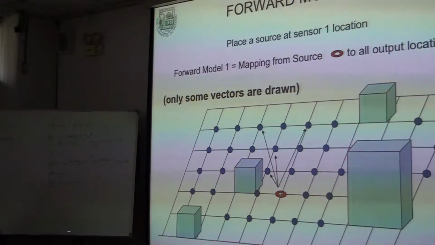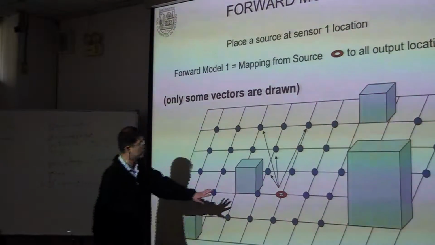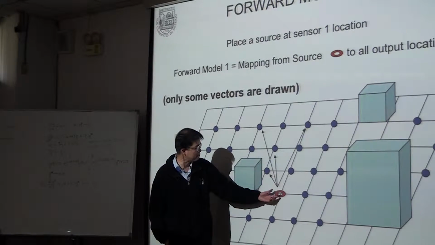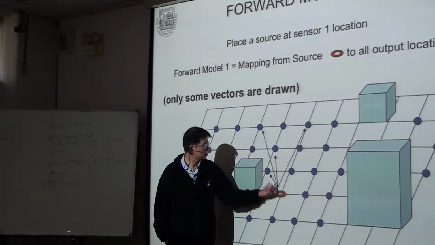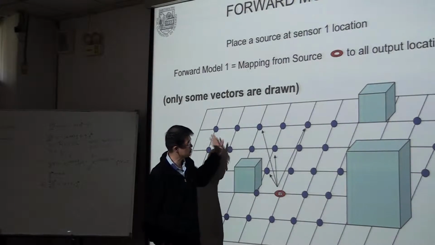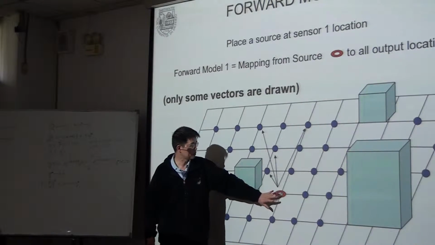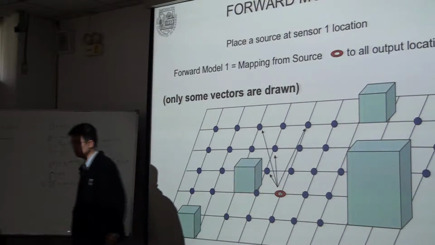So what we do is we have forward models that show the mapping from an input to all these different outputs. That's a forward model from one source to many outputs.